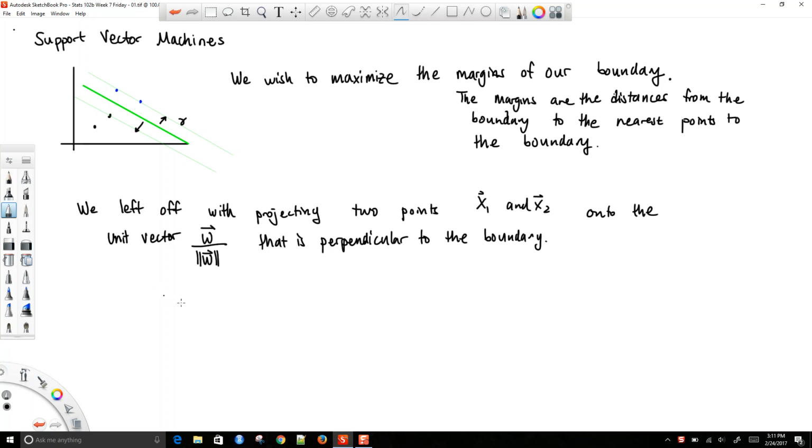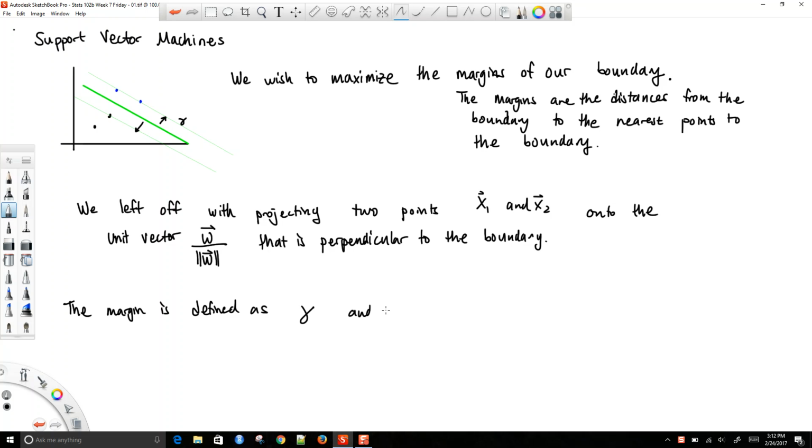And then we established, just for the sake of our solving, we're going to define this distance between the nearest point and the boundary, the margin's distance, as gamma.